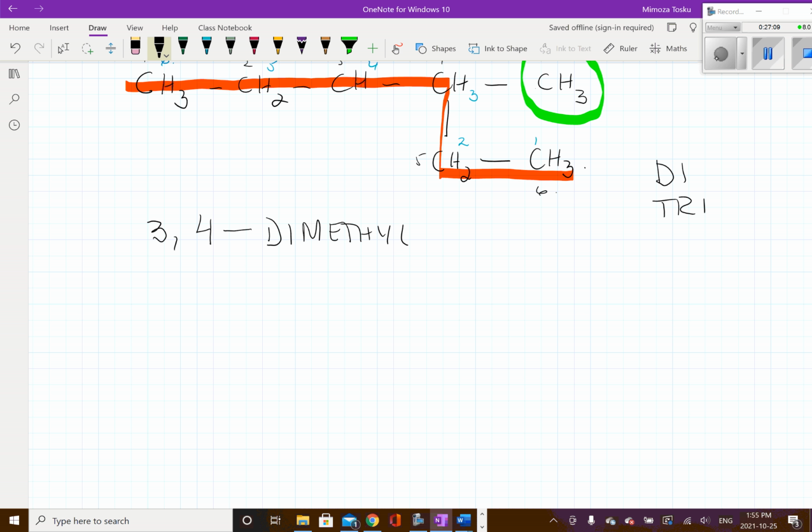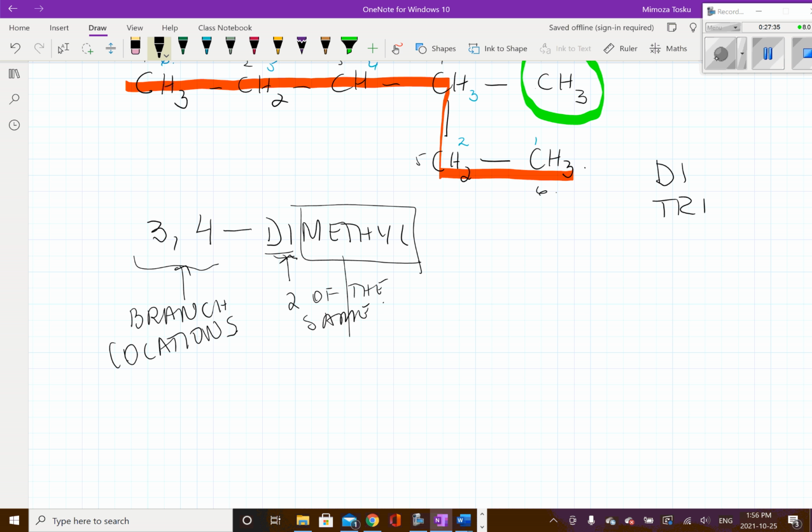We are done with branches by identifying the branch locations on the third and the fourth place, telling that we have 2 of the same, and the same is methyl, meth, or one carbon.